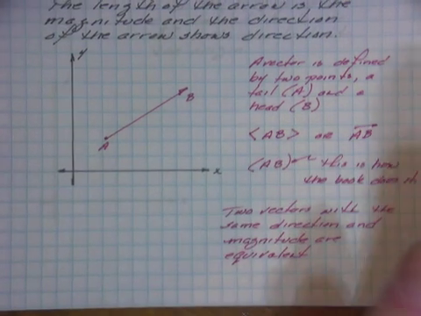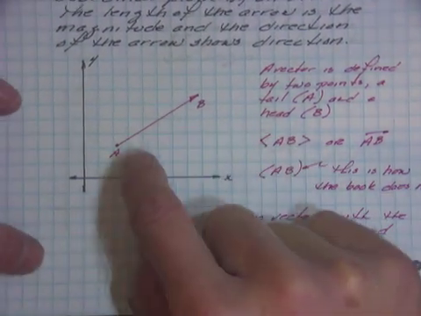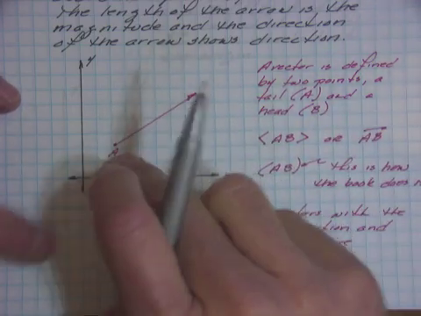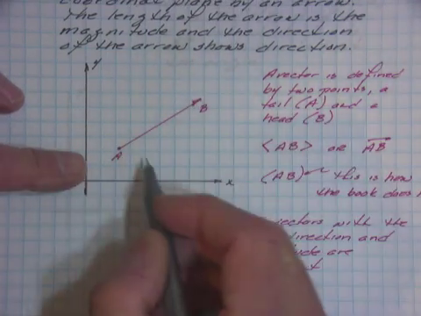All right, so if you see two vectors, they're the same length and they're pointing in the same direction, we call those equivalent. Let's just go back to magnitude for a second.